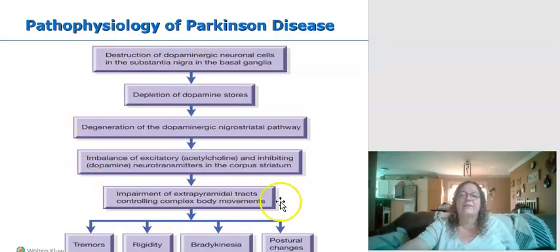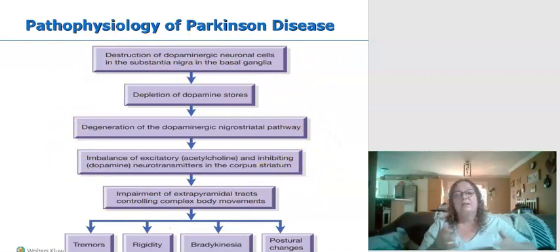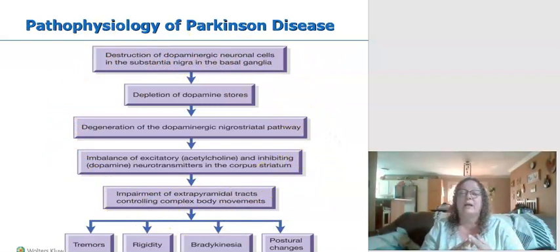Here's kind of the pathophysiology of Parkinson's disease. So you get destruction of the dopaminergic neural cells in the substantia nigra in the basal ganglia, and this leads to depletion of dopamine stores.